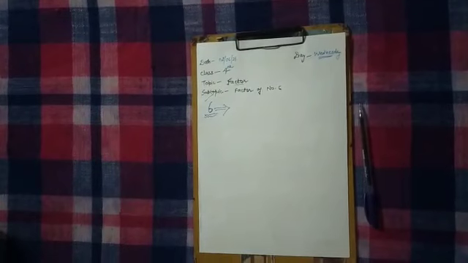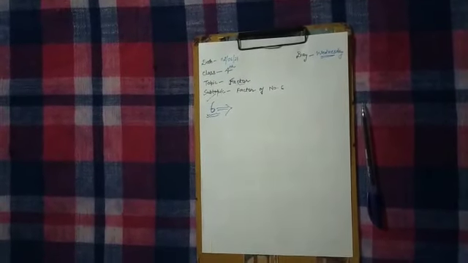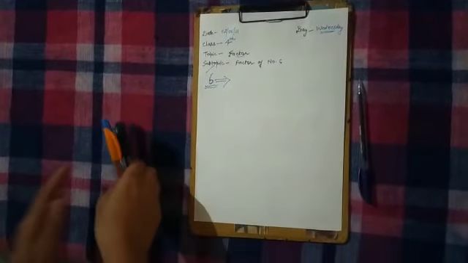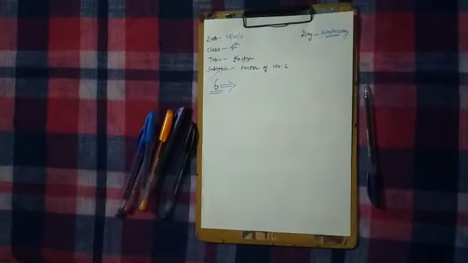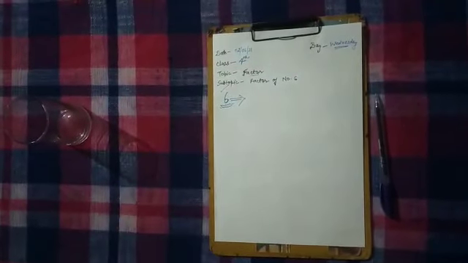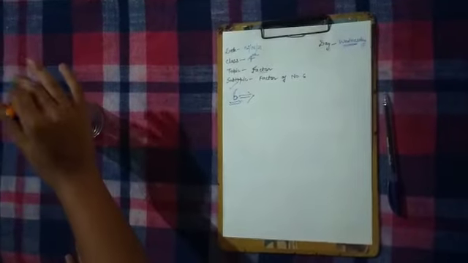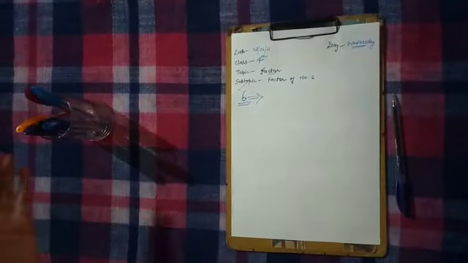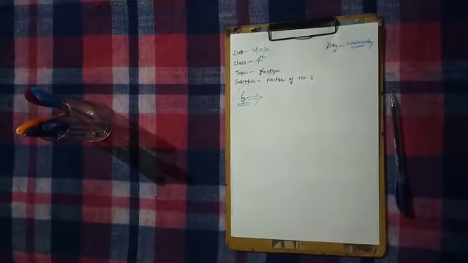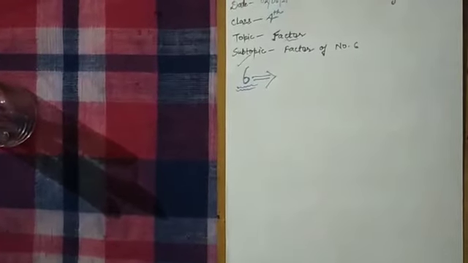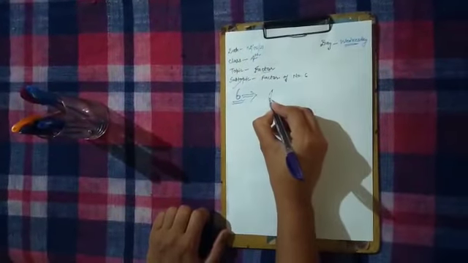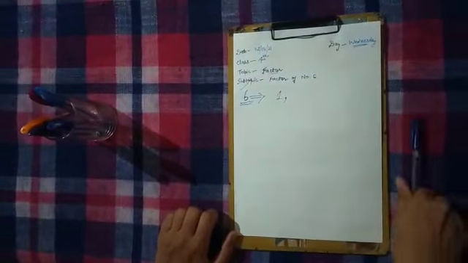I have 6 pens, and I will take one glass and put all these 6 pens into one glass. You know very well 1 is a factor of every number. So the first factor of 6 is 1.